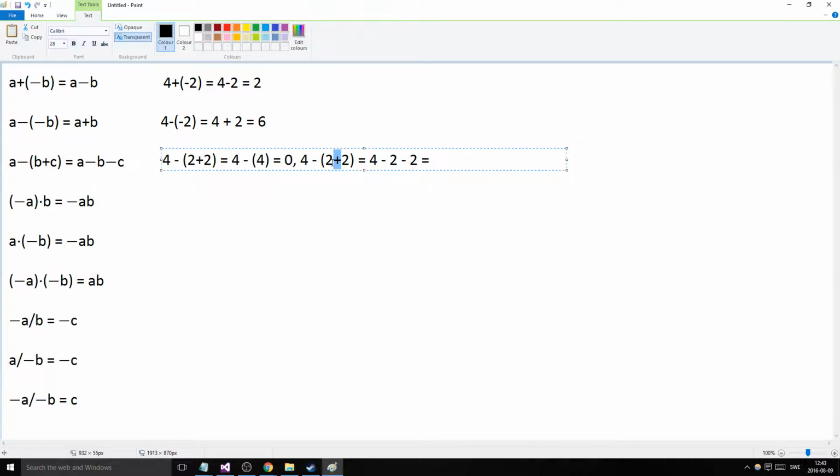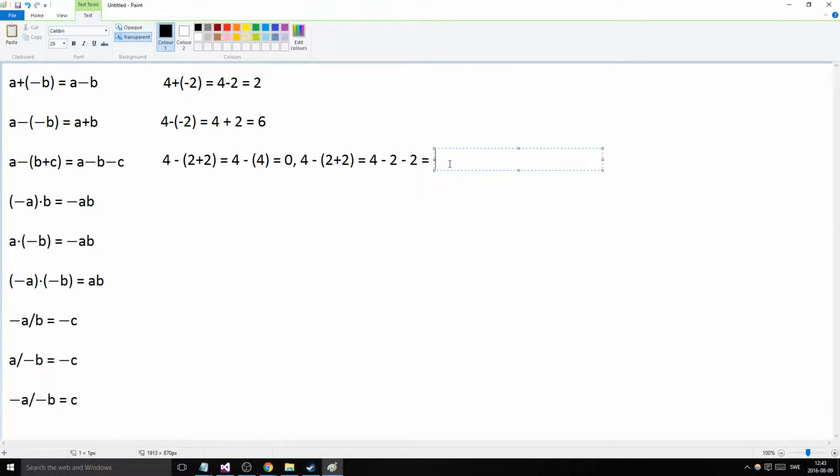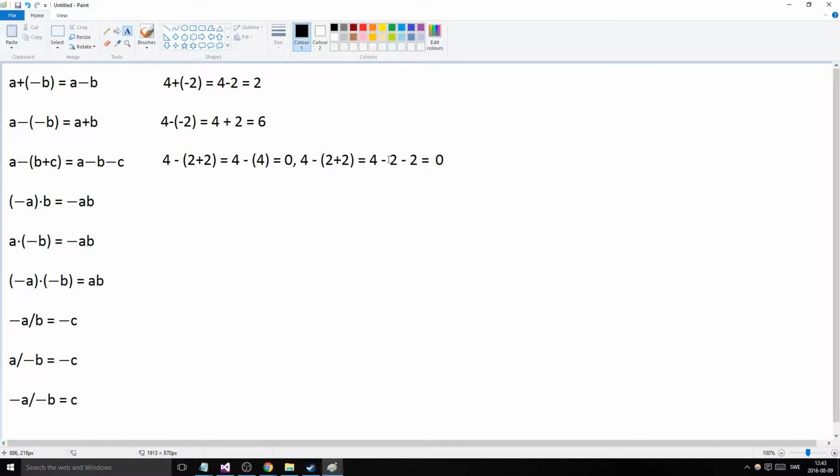So if we had a negative in here, this would have become an addition symbol. So to the opposite, not just to negative, to the opposite. So this gives us 0 as well. So it's the same thing. Just remember that there are two different ways to do this when you have a negative in front of the parentheses. So that's good to know.